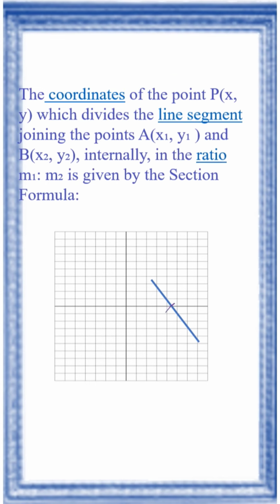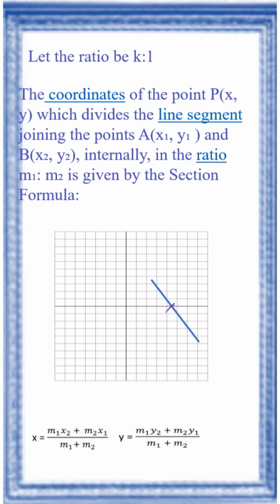Now we have to find the ratio in which this line is divided by the x-axis. Here the formula we can use is the section formula. We know the section formula: x is equal to m1 x2 plus m2 x1 upon m1 plus m2, and y is equal to m1 y2 plus m2 y1 upon m1 plus m2.